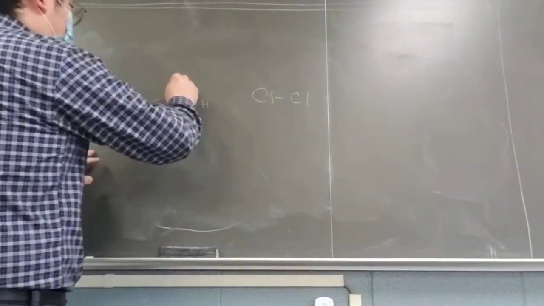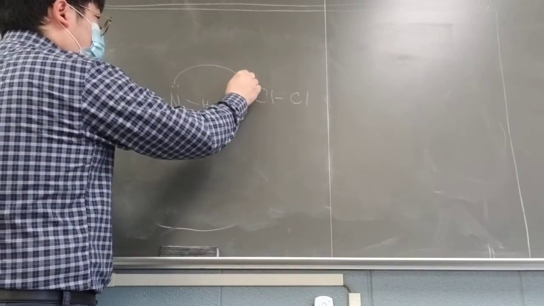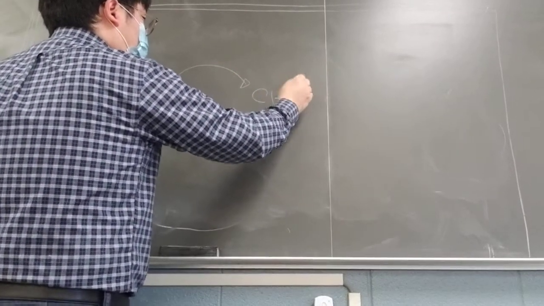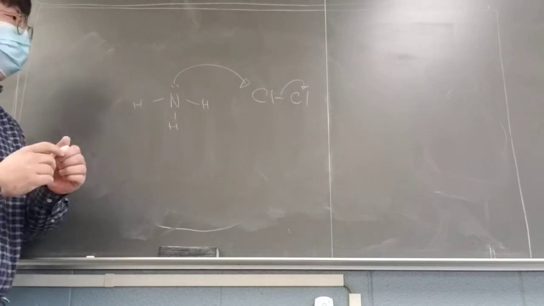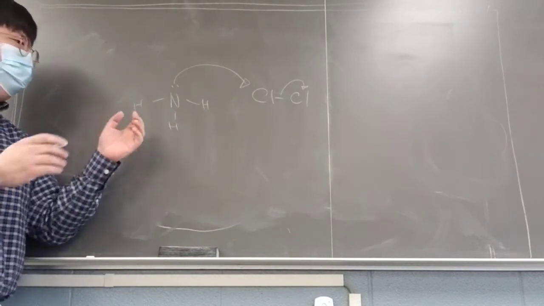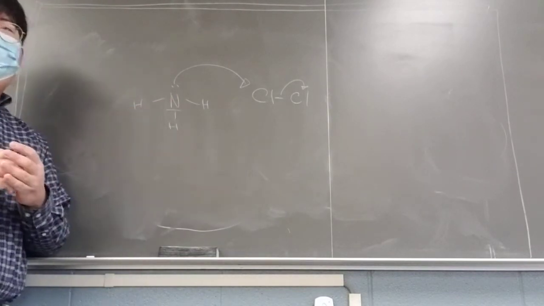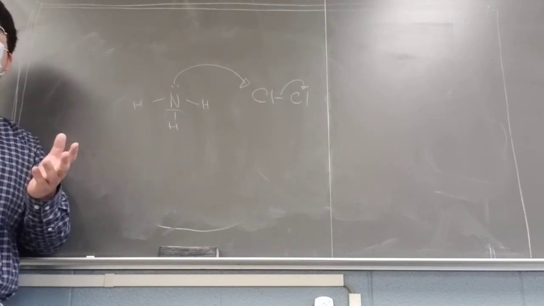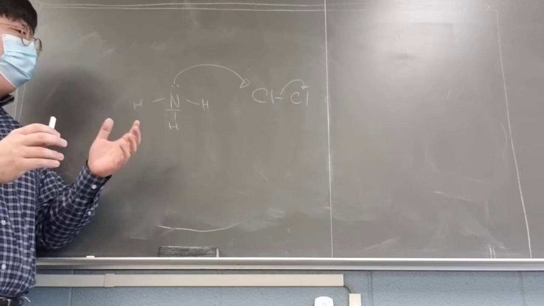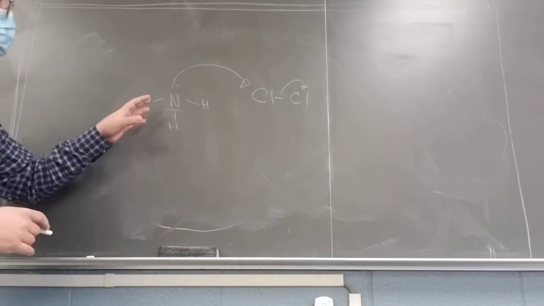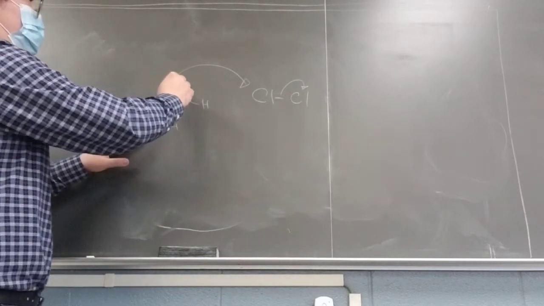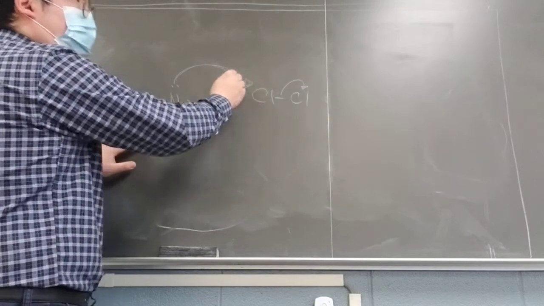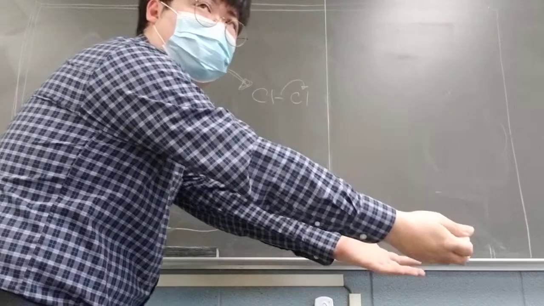What happened to this one is here and here. You'll see this a lot because of this nitrogen. Nitrogen with the lone pair is a very good electron donating group, like amine groups with the lone pair. That's why this will behave like a nucleophile, donating the electron to something else.